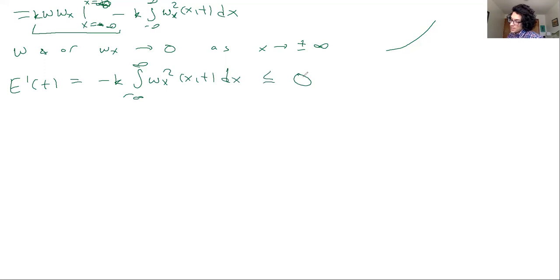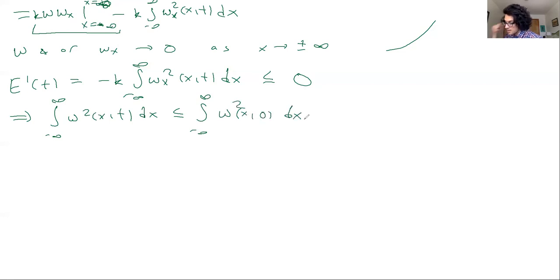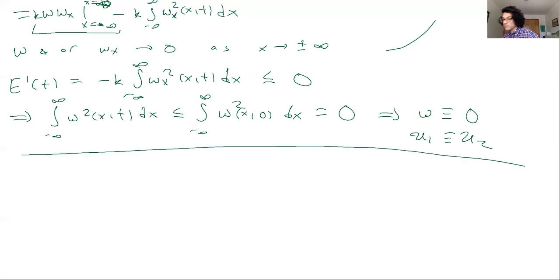So again, this implies that the integral from minus infinity to infinity of W squared (x,t) dx is less than or equal to the integral of W(x,0) squared dx, which we know has to be equal to 0 because of the initial condition. And so based on the arguments that we worked out before, W equals 0, or in other words, u1 equals u2. So again, we can prove uniqueness as we have before in the bounded domain case.